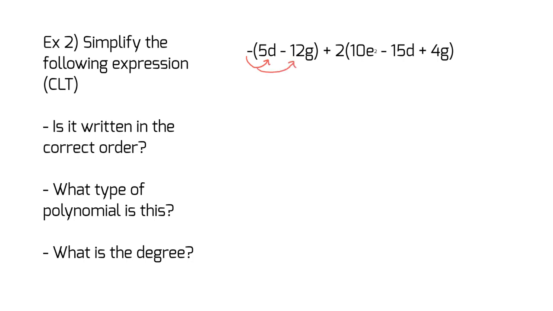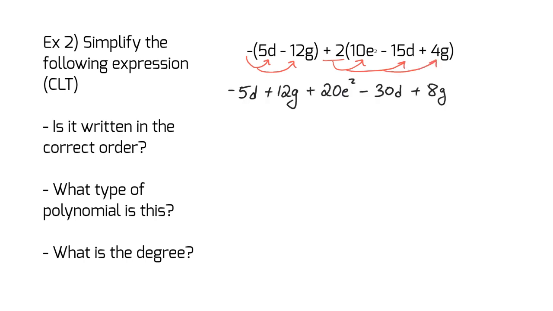In example 2, we have a slightly more complex example, but again, I begin by distributing anything in front of the brackets to the inside of the brackets, and then I start collecting like terms. I want to put the D's together, the G's together, and the E's together. In this case, there's only one E. I also want to be able to do multiple steps in one.